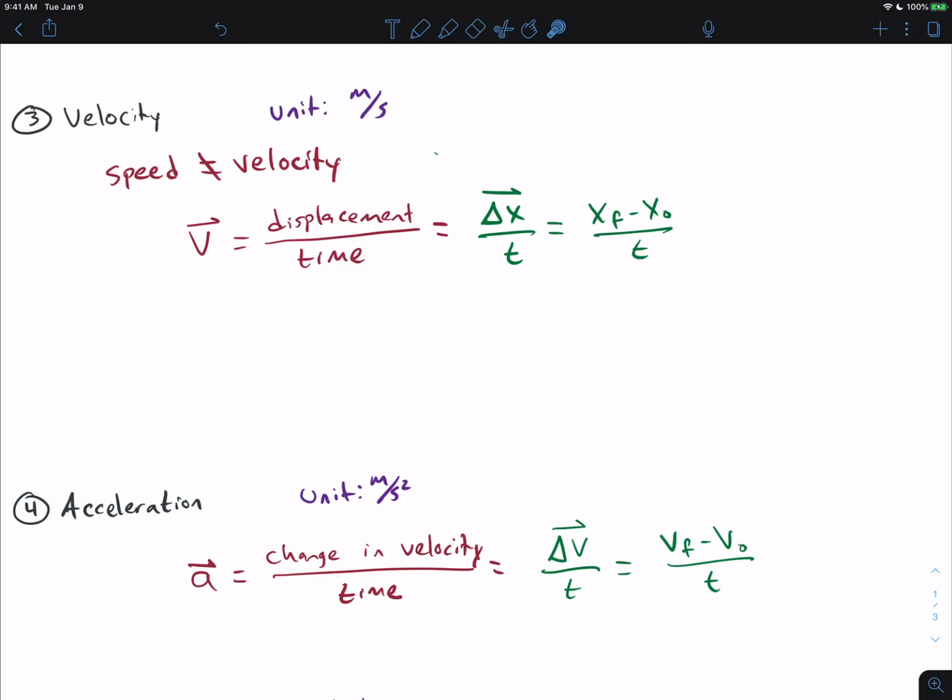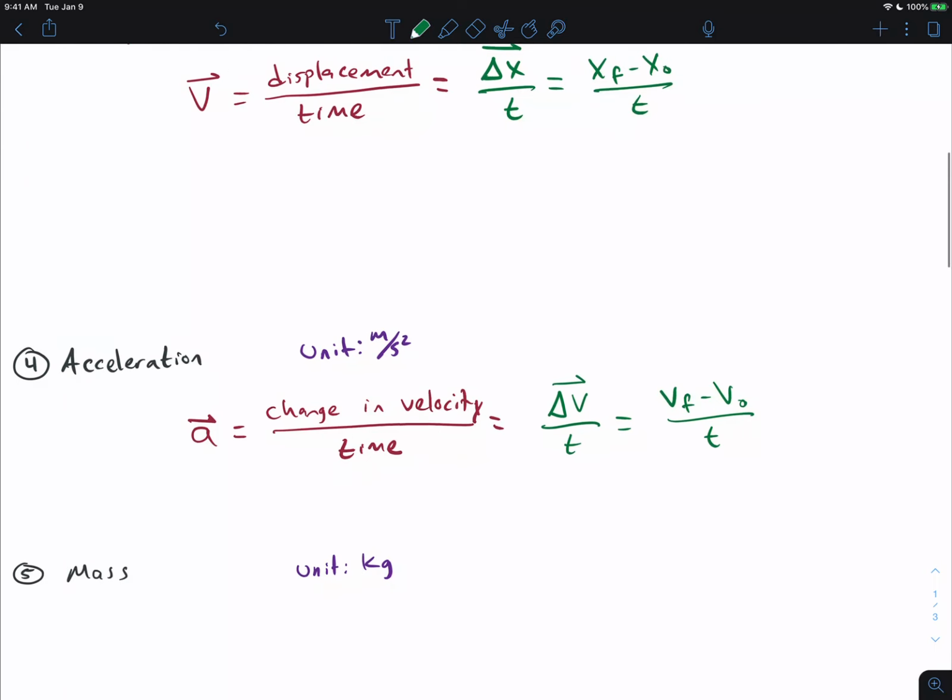You'll see this pattern here in that this little delta, this change in something, can pretty much always be summarized. The average change of something can always be the end minus the start, right? The final minus the original, or the final minus the initial. Now, for the units for this one, I want you guys to remember this: acceleration is always describing how many meters per second does something change every second.